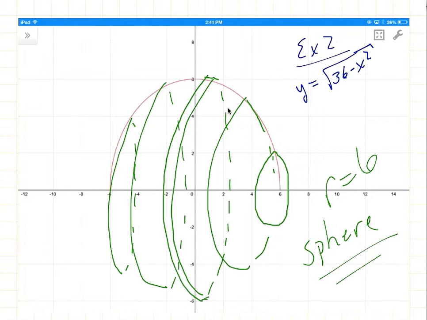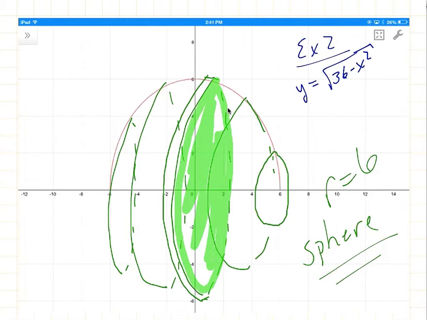Right. And the area of this disk here, let's actually shade its face. So we use this as our template disk. What we're looking for is not the area, but the volume of that disk.